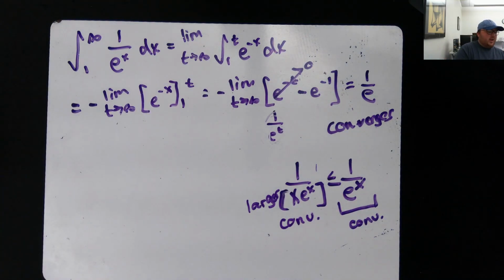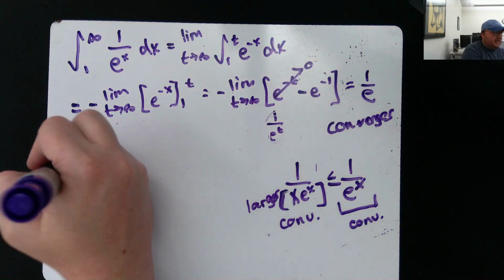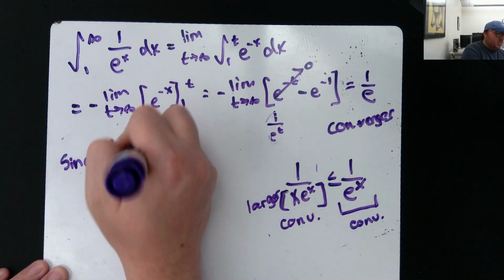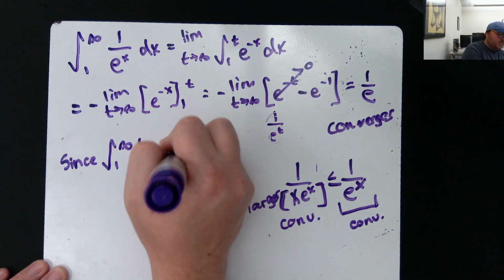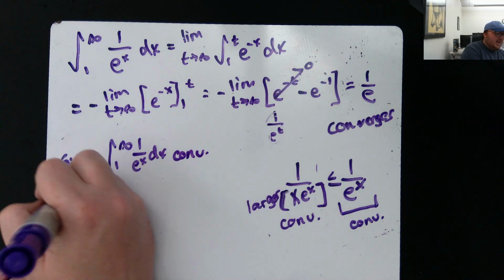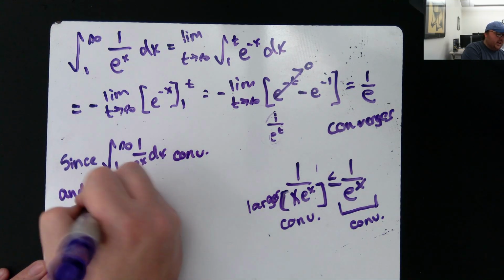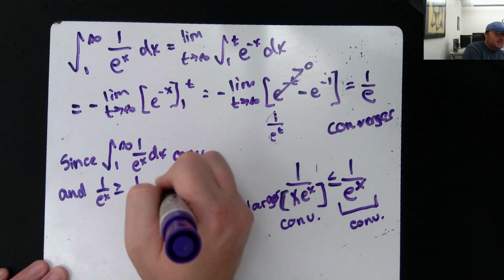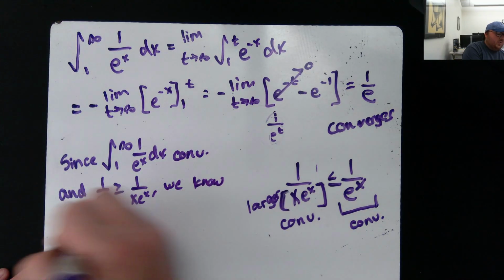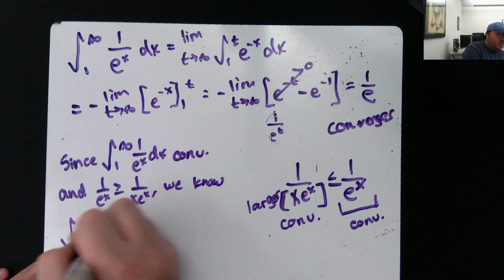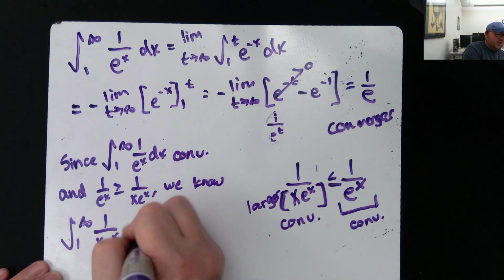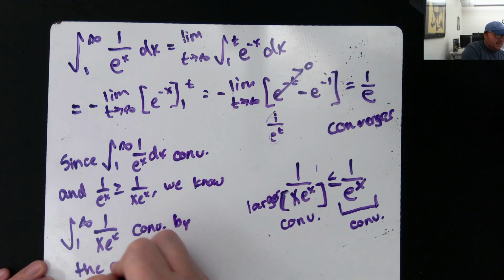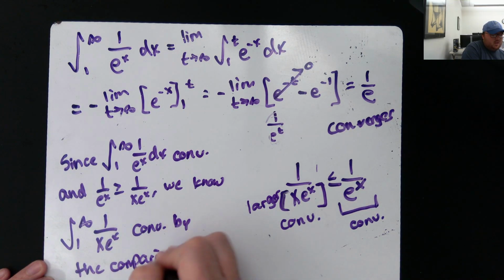So what I could say is something like, since the integral of 1 to infinity of 1 over e to the x dx converges, and since 1 over e to the x is greater than or equal to 1 over x e to the x, we know the integral from 1 to infinity of 1 over x e to the x also converges by the comparison theorem.